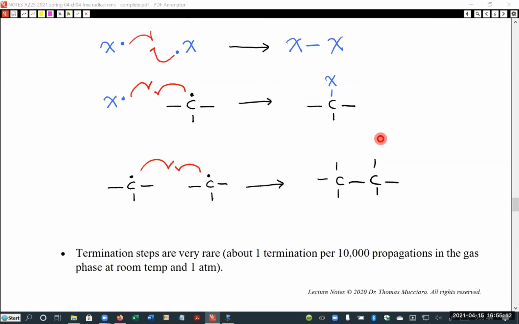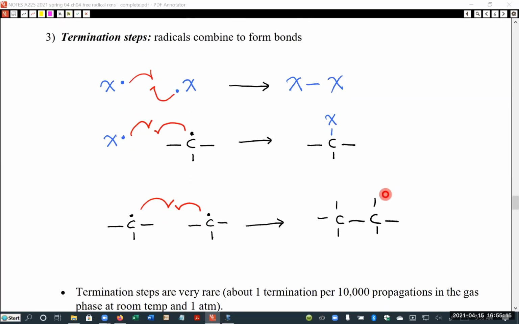The other thing that's important, and this goes back to the very original research that supported this mechanism, is to notice that in this reaction, one of these carbon radicals will combine with another carbon radical to make a larger alkane than the one we started with. For example, if we did methane, we would be forming very small amounts of ethane.